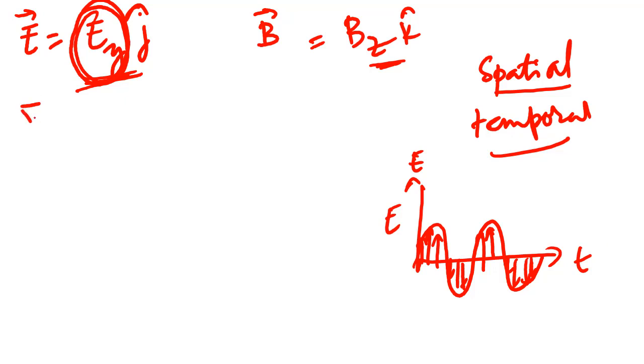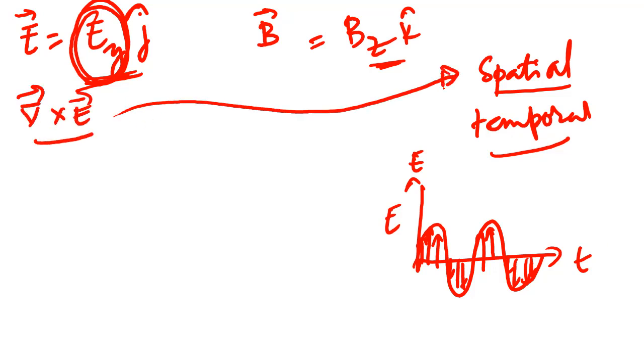So the curl E, when we look at curl E, this is what is telling us about the spatial variation in electric field. So let's go ahead and calculate what curl E is going to be. For example, in the case of Ey.